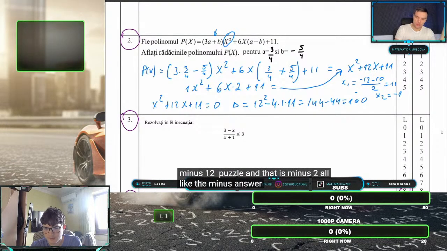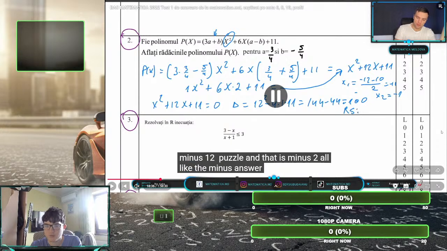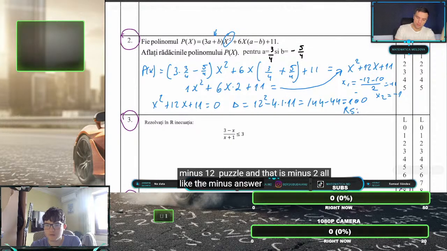Hold up, why 10? Minus 12 with minus 10, that's minus 22, isn't it? Isn't that minus 22 divided by 2? That should be minus 11. Anyways, you get the idea and stuff.